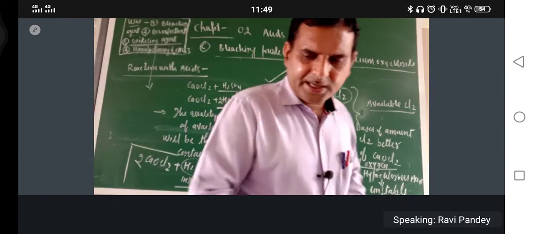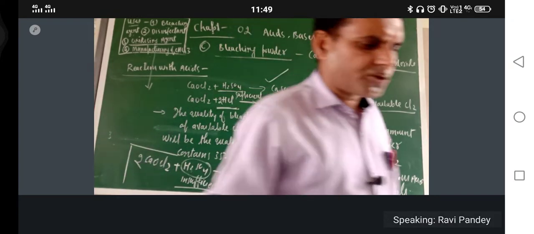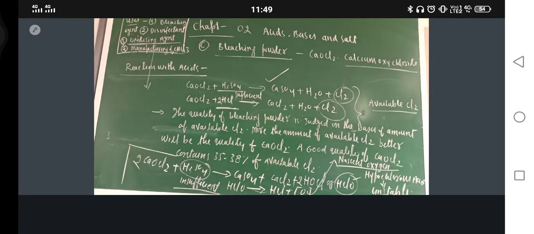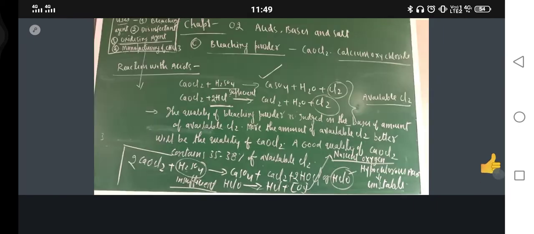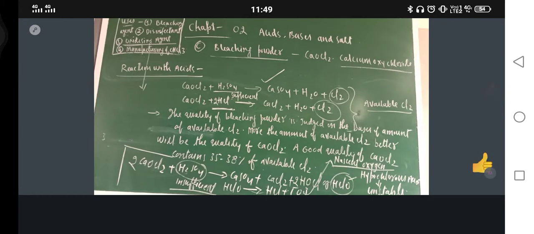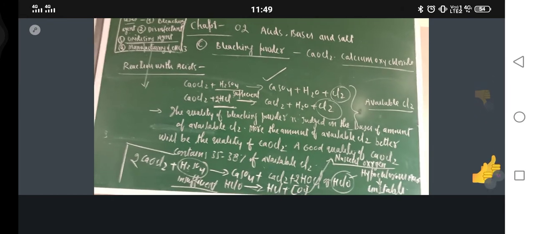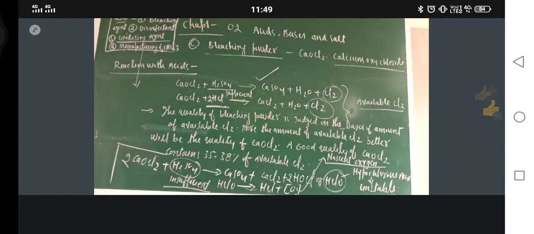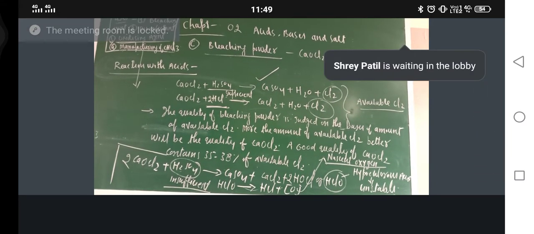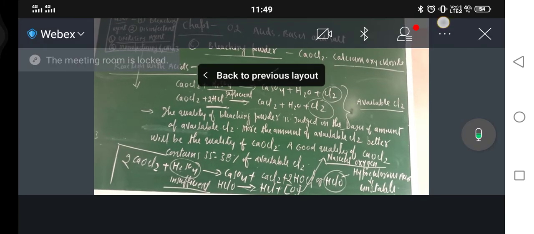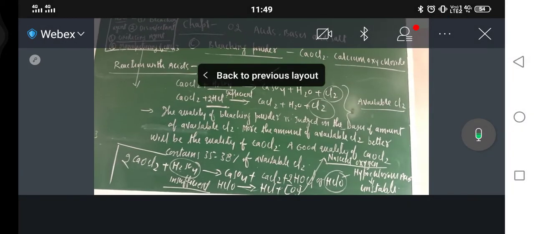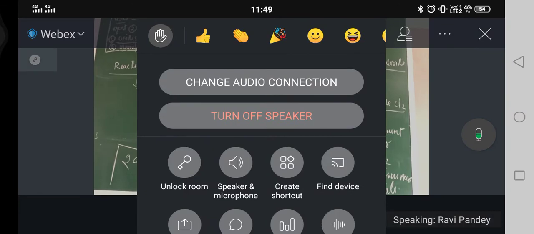Now the next compound is baking soda. Am I audible and visible? Please just indicate. You can speak also. Now I removed the color mic. Is there any problem? If any problem is there, just indicate so that I can go ahead. Just a minute, somebody is waiting in the lobby.